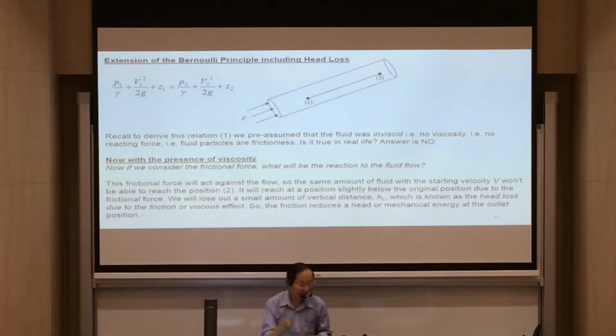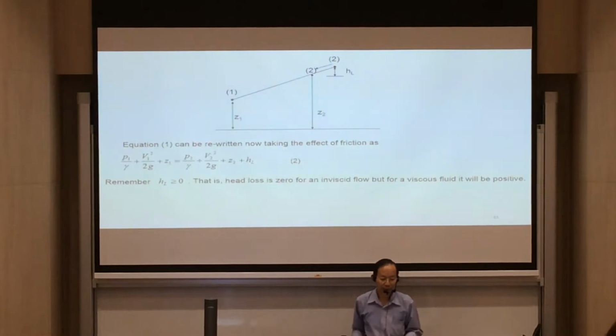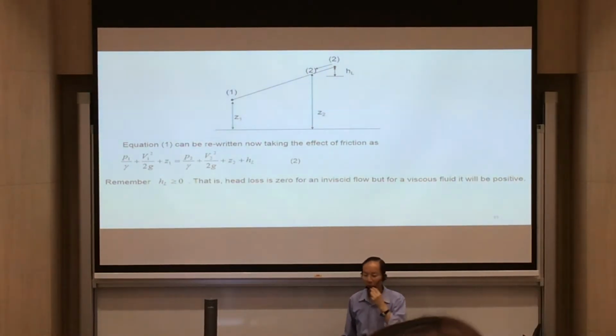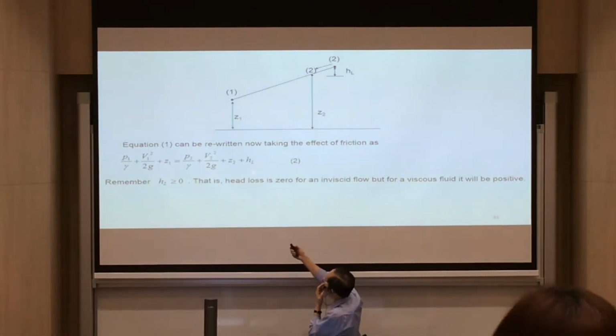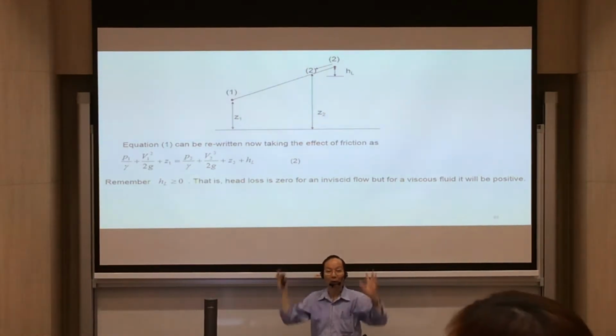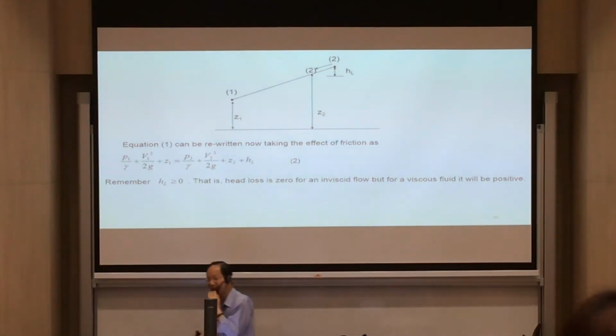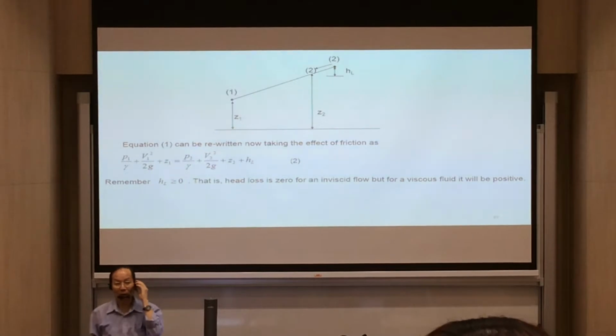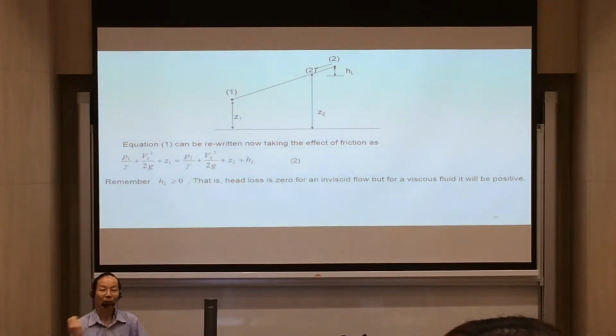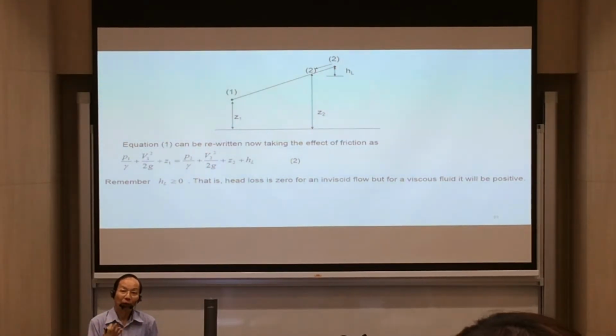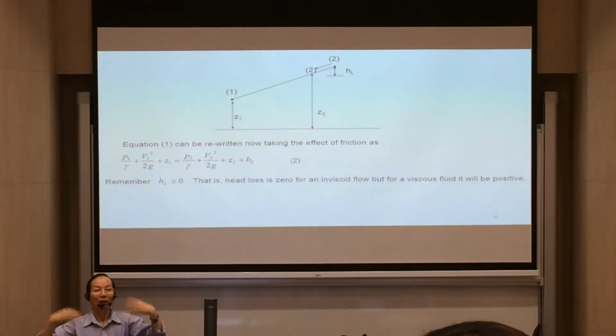So then you must add another term into the expression, and that term is your HL, head loss. You lost your head already. This is because energy is taken away from the fluid and converted to some other form.